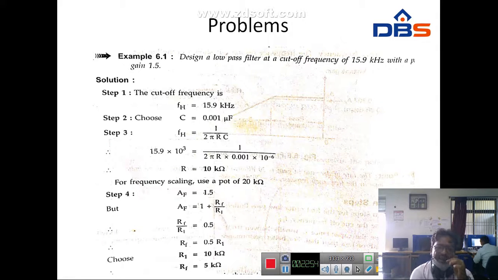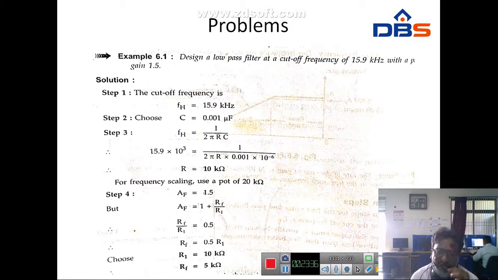Again in step 3, by using the above values of Fh and C, we have to calculate R. Fh is equal to 1 by 2 pi RC. We already know the Fh value, so we substitute 15.9 into 10 cube because it is in kilohertz, equal to 1 by 2 pi R into 0.001 into 10 to the power of minus 6 microfarads.